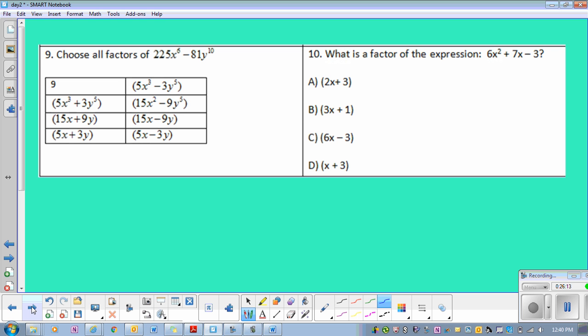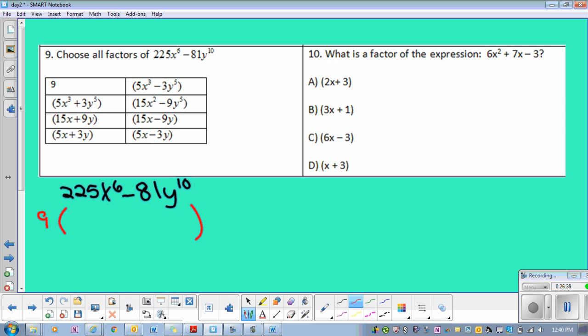Is it 3 or 9? Put it in the calculator. Remember, you need the greatest common factor, okay? So 225x to the 6 minus 81y to the 10. So GCF is 9.